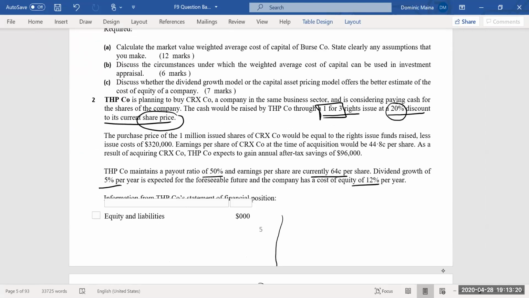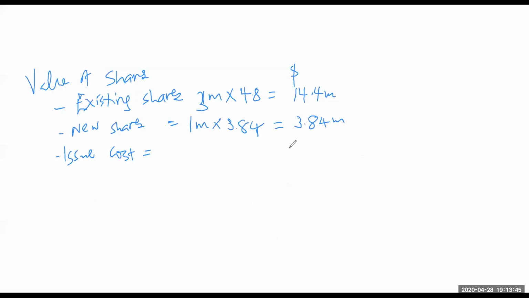You can see the company incurred an issue cost of 320,000. Therefore, minus 320,000. So this is a cost the company has incurred, so it is going to be reducing the company's value by the 320,000.